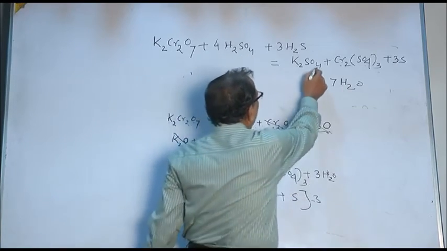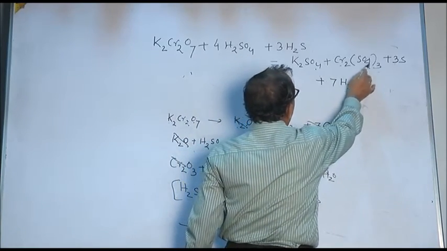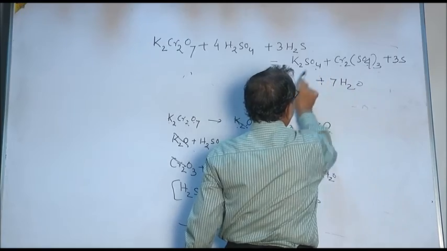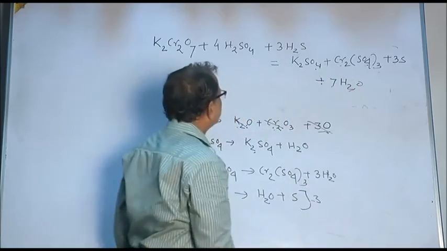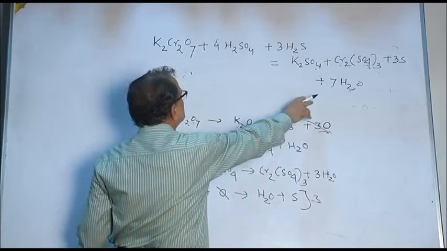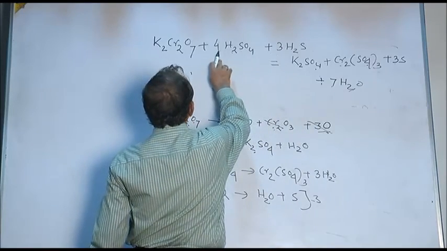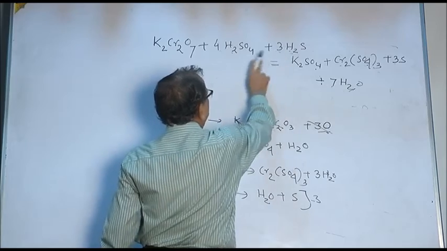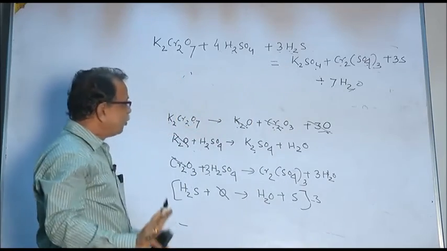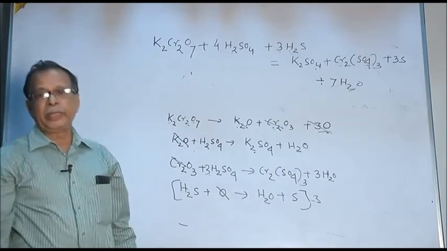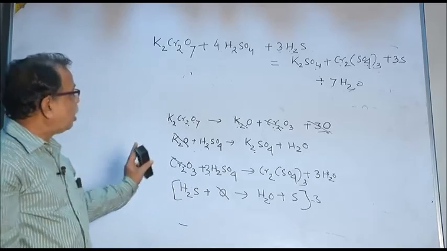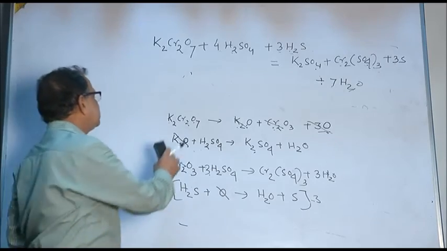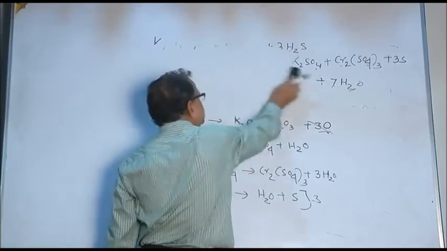Look at here, 4 times 3 is 12 plus 4 is 16, 23O. 14H. Look at here, how many H? 8H, 3H2 is 6H, 14H. So we can balance the equation by the hit and trial method and the partial equation method.